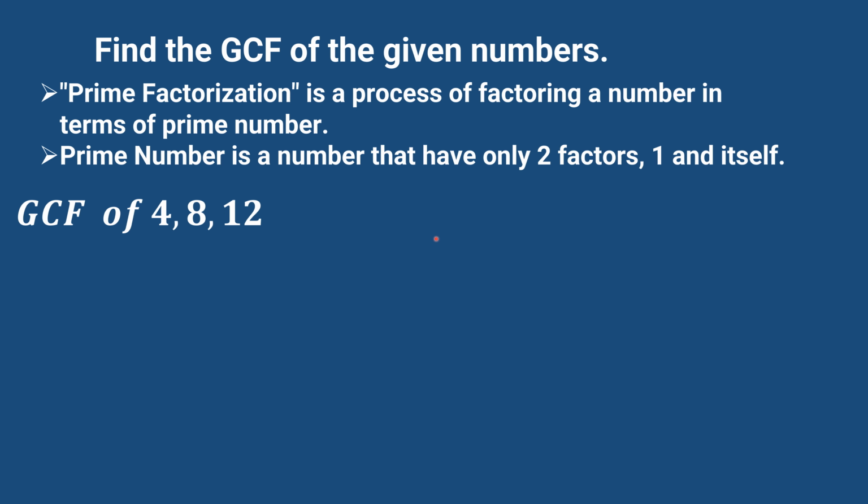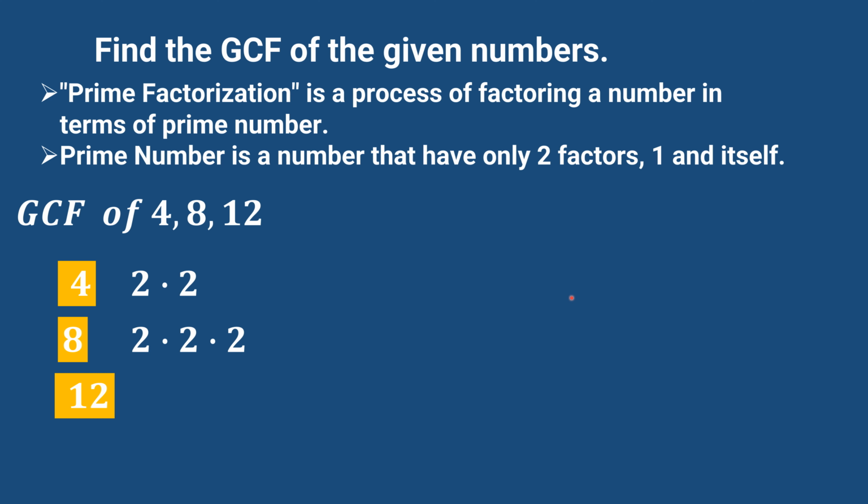So let us find the GCF of 4, 8, and 12. Again, we will be having its prime factorization. Let us first try the 4. The prime factors of 4 are 2 times 2. 2 is already prime because its only factors are 1 and itself.